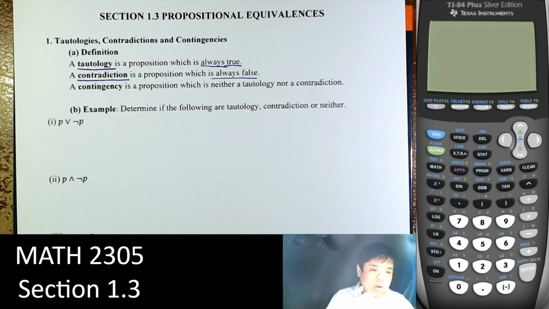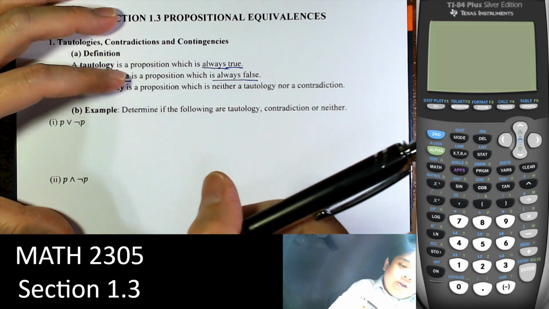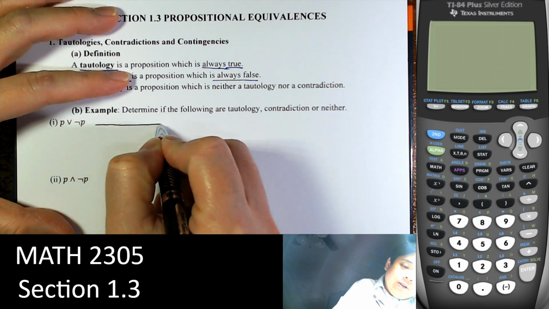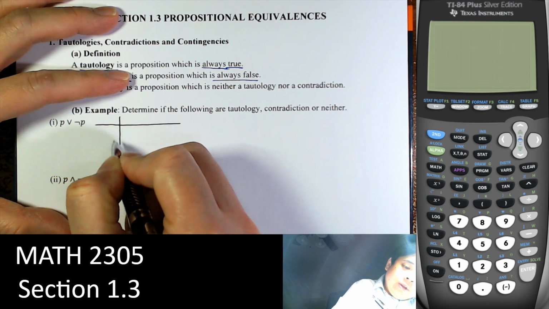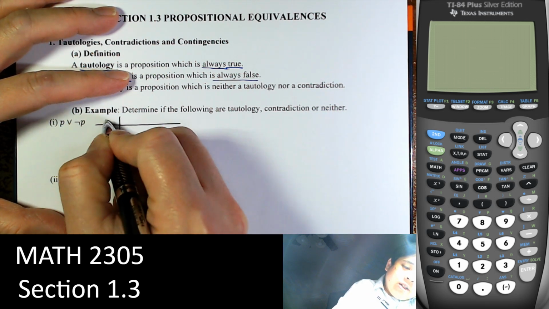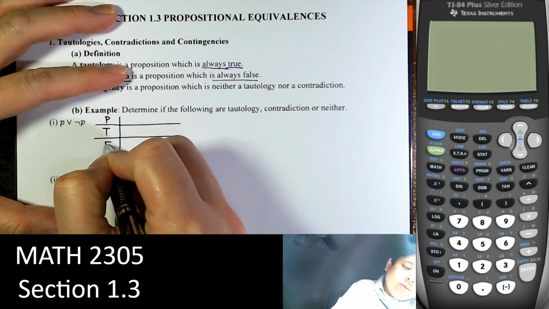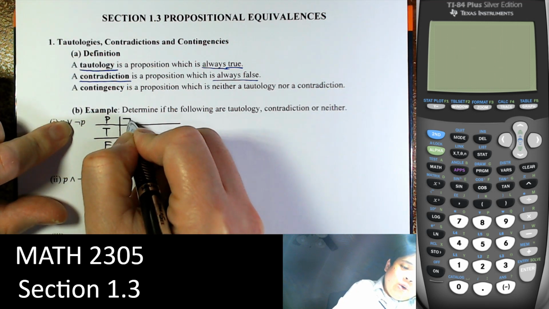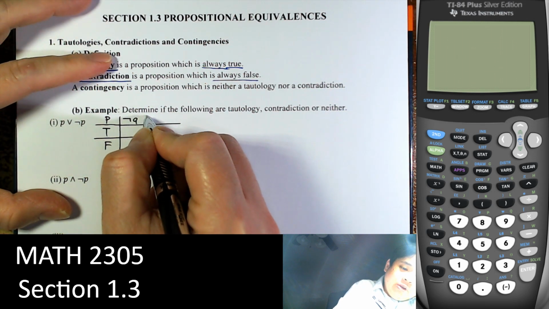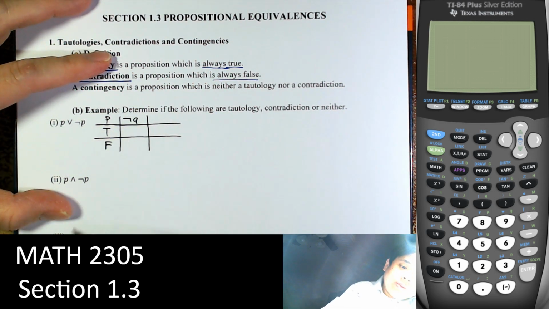In that case, let's construct a truth table for it. We only have one statement, so it is true or false. And then we have the negation. Always do negation first before conjunction or disjunction.